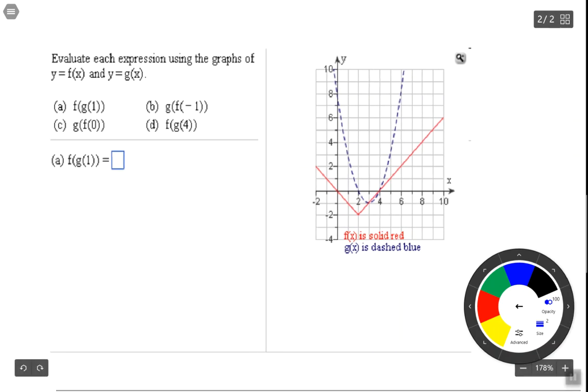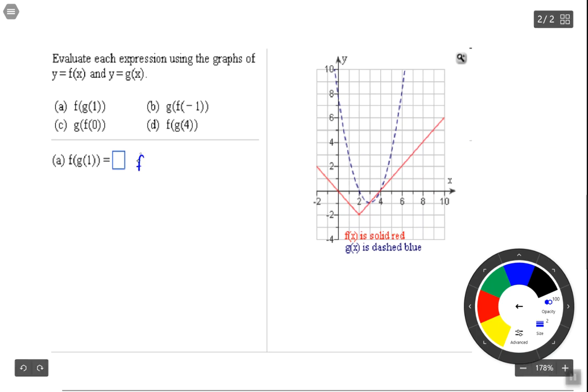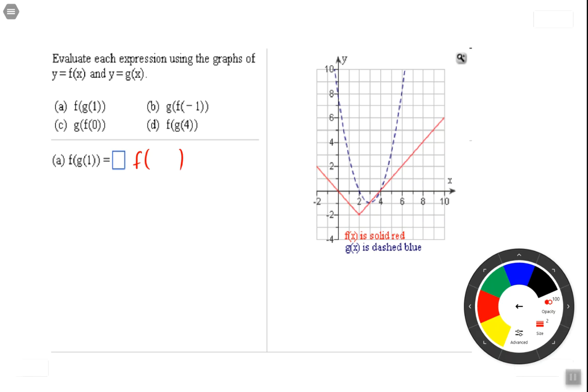So for A, F of, go to the graph. Red is my outer. Which graph is G? Is it the blue or the red? Okay, in your case, is it the dashed or the solid? It's dashed. G is dashed. Go to G. I want you to find G of 1. At 1, what value is G?